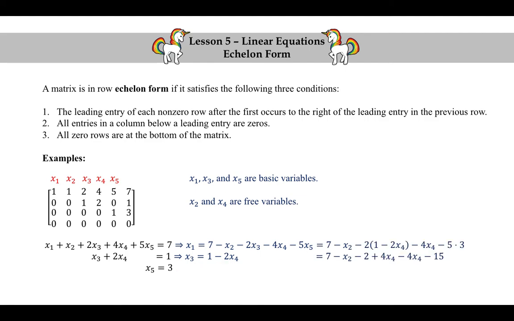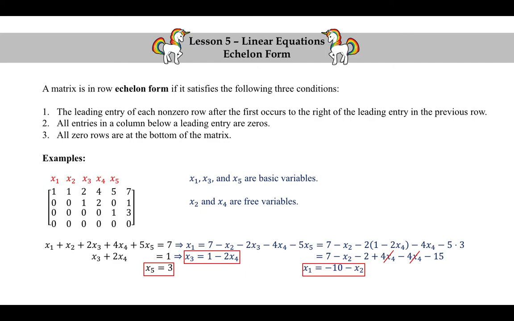Then we'll distribute that negative 2 to get negative 2 plus 4x4, and multiply the 5 times 3 to get negative 15. When we add all the constants, 7, negative 2, and negative 15, we get negative 10. Notice that the 4x4 cancels with the negative 4x4, and there's also a minus x2 there.